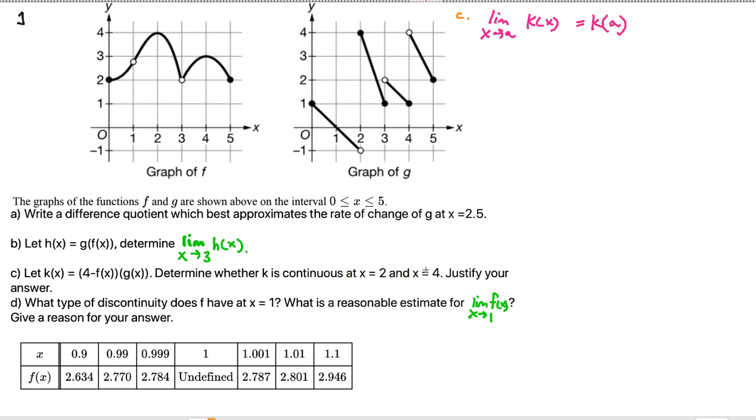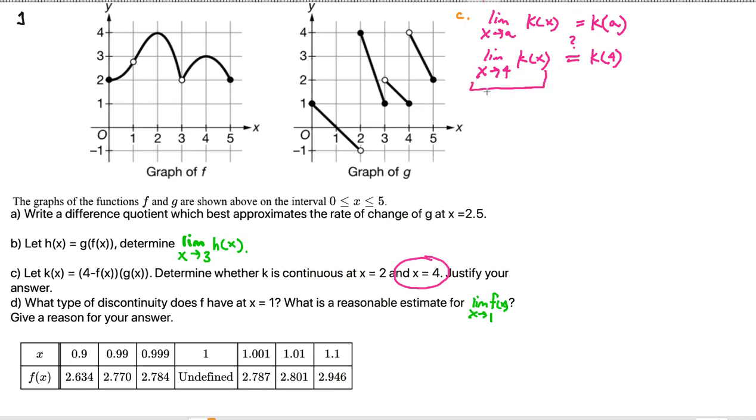Now in my new case, I'm investigating whether it's continuous at x equals 4. I want to find out, is it true that the limit as x goes to 4 of k of x is equal to k of 4? And in order for this equality to be true, this limit first has to exist.